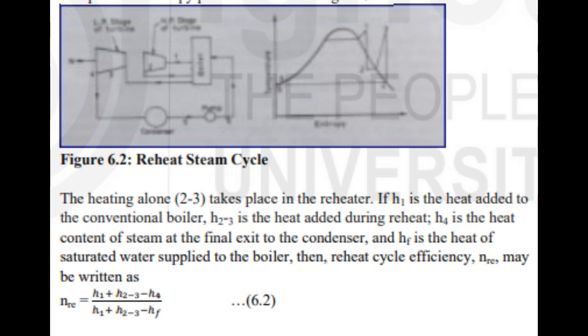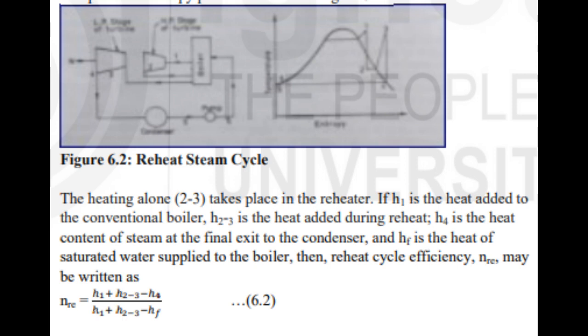In its simplest form, the cycle involves withdrawing the steam from the turbine at some intermediate stage and returning it to the steam generator, where a separate superheater is provided in the gas path for reheating the steam, after which it is reintroduced into the turbine at the following stage. The reheating process not only helps in reducing the wetness of the steam in the final stage, but at the same time improves the cycle efficiency.